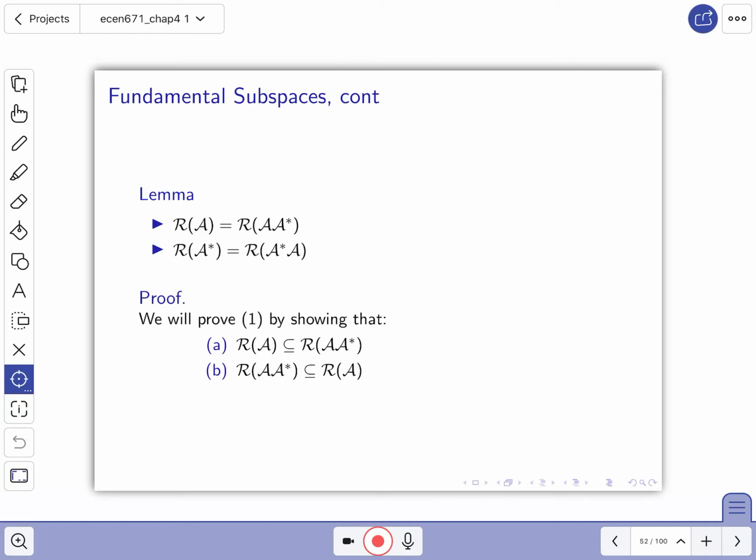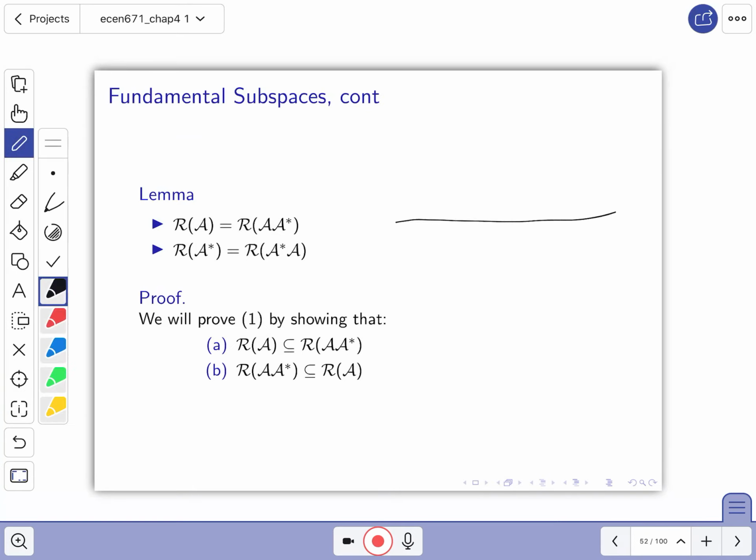Okay, so the last thing we need to show is that the dimension of the two range spaces are exactly the same. And to do that, we're going to have an intermediate result, which is actually important in and of itself. So I'm going to just redraw this telephone pole diagram for a minute.